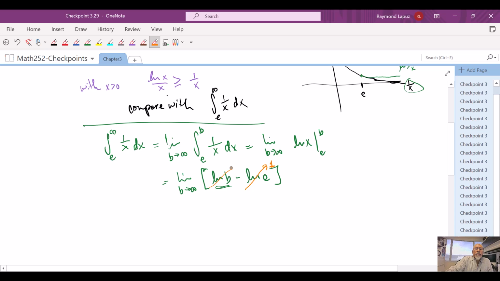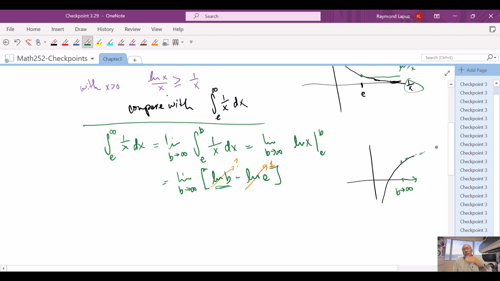I seem to rely on graphs a lot to see what happens to certain functions, but if we let b go off to infinity, then the ln function, I know it looks like it has an asymptote, but it does not have an asymptote.